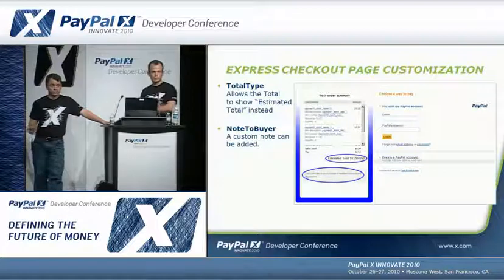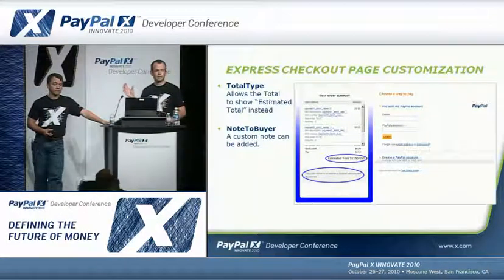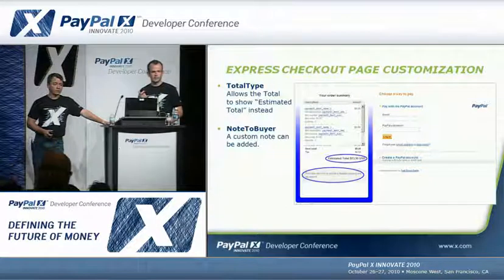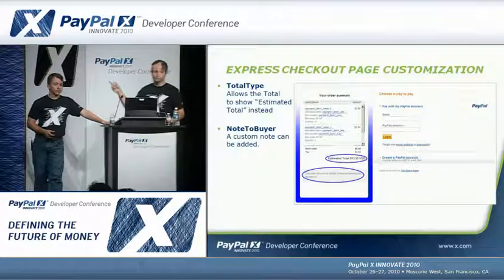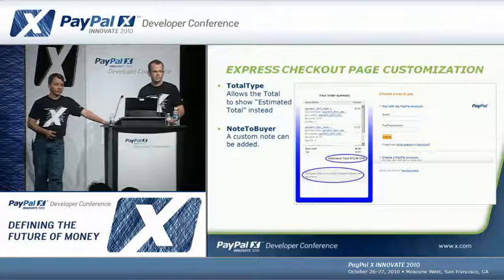Is that what you're referencing? Yeah. So that's part of the new checkout pages I was talking about. There's a new parameter we just introduced a few months ago, the total type. If you set that to estimated, then we'll say estimated total instead of total or total amount. So you can use that with any of them.